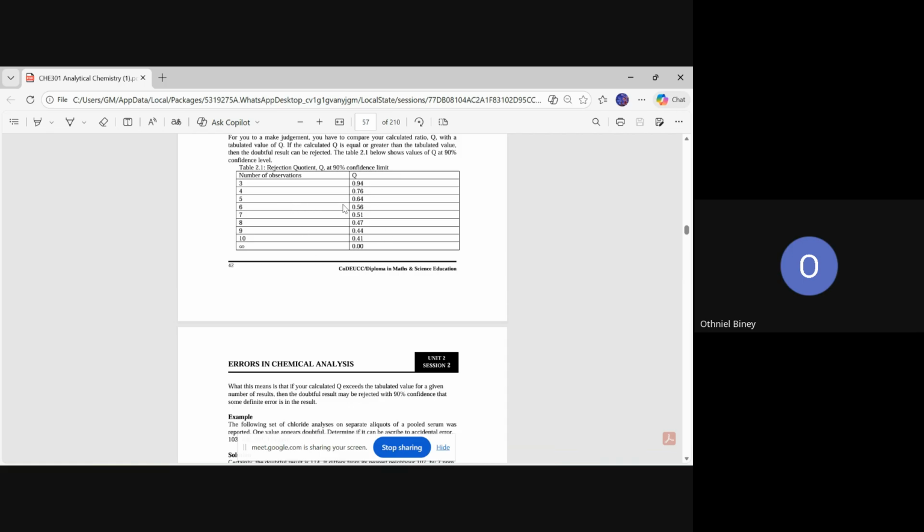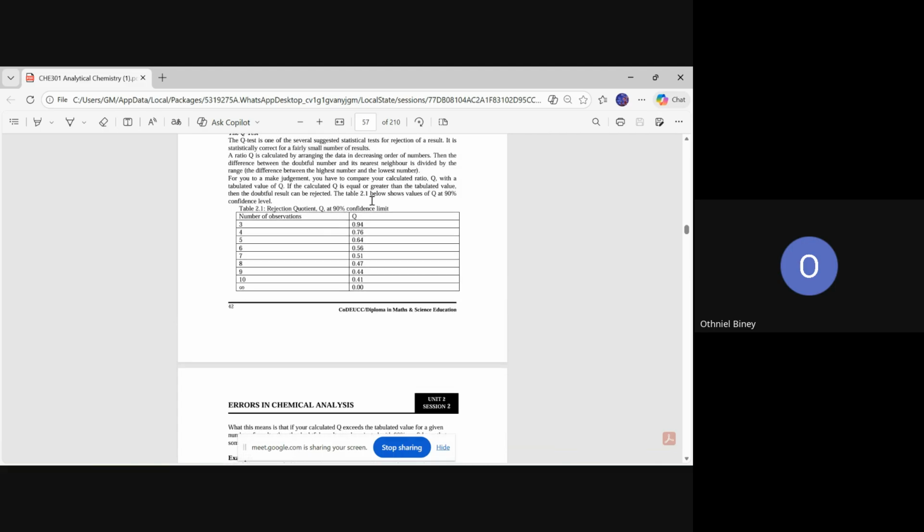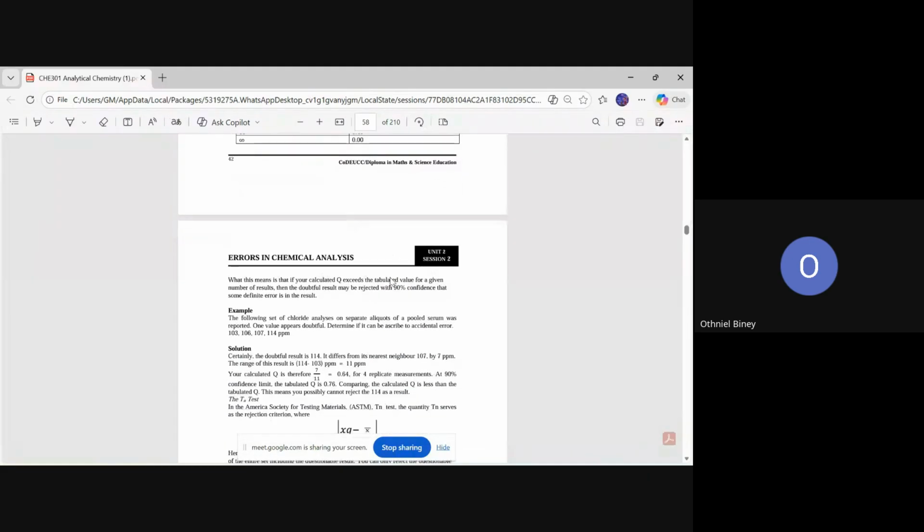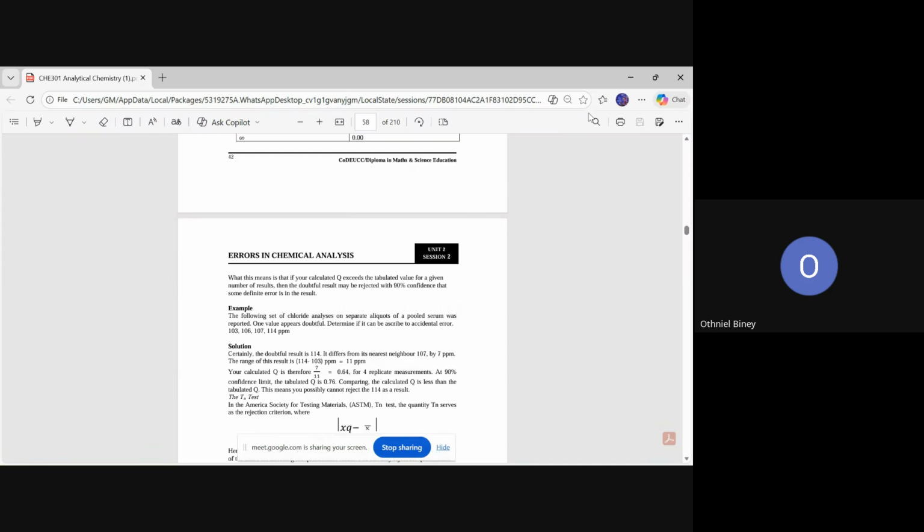Just like what he read, if you get a value that is less than the Q value, then that particular result can be accepted. Whereas if you get a value which is higher than the Q value, then that value can be rejected.